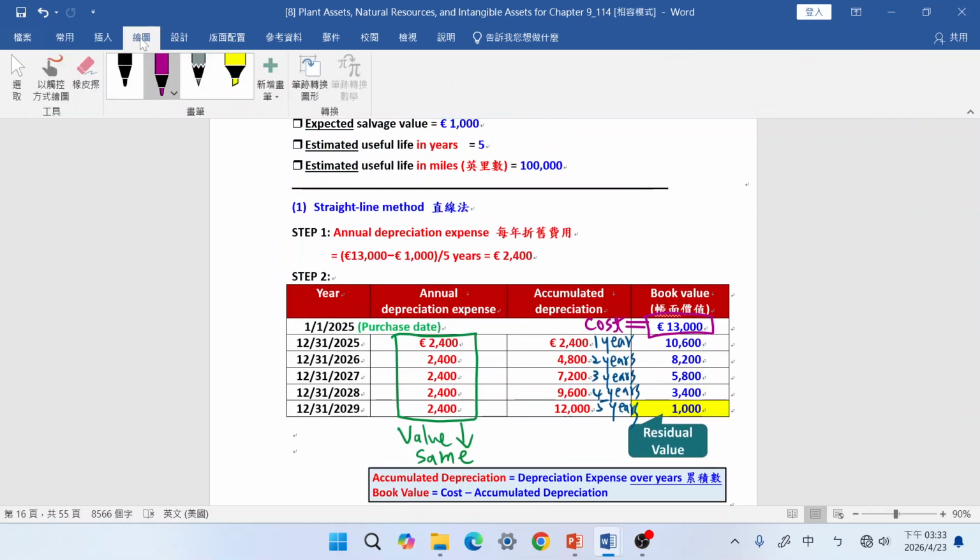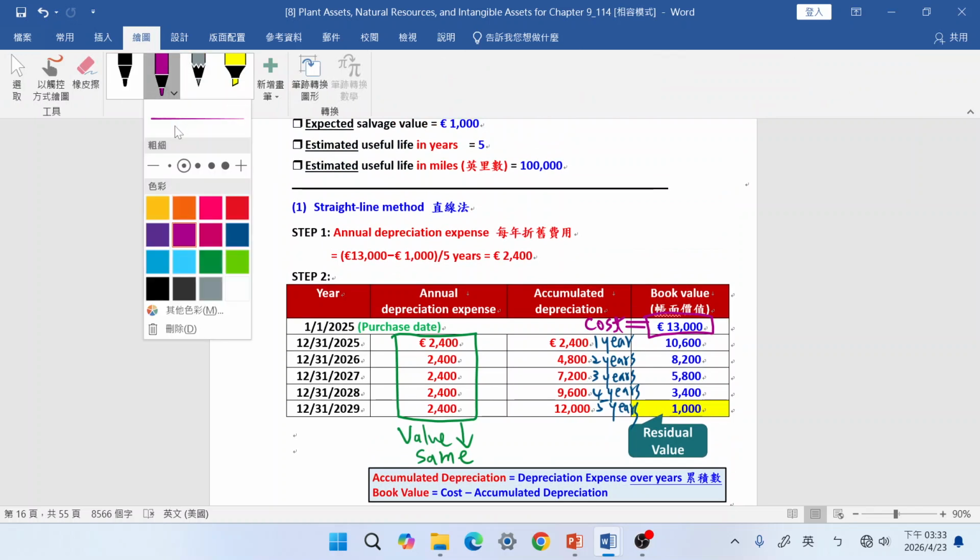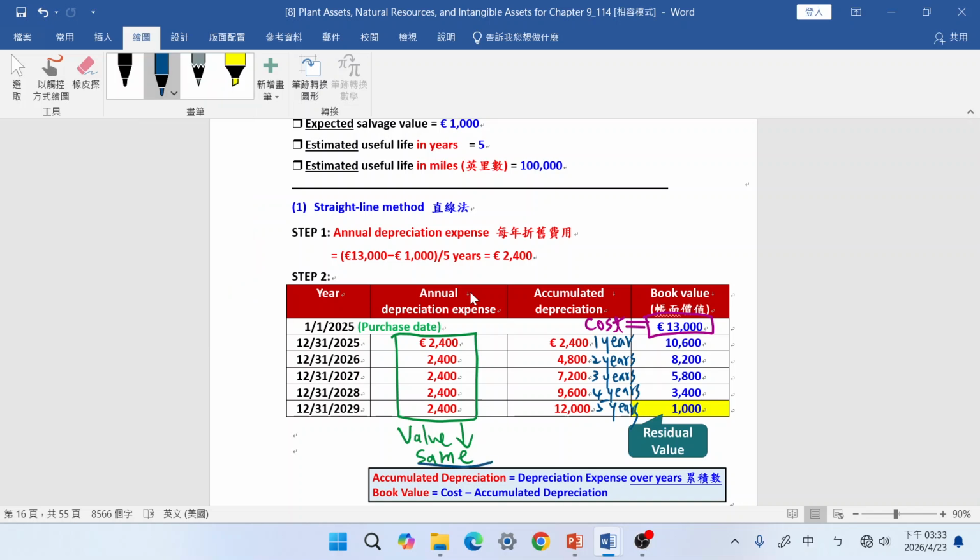So which financial statement is only for 1 year numbers? Statement of comprehensive income. So when you are going to prepare the statement of comprehensive income, don't forget, you can look at the first column to prepare it.